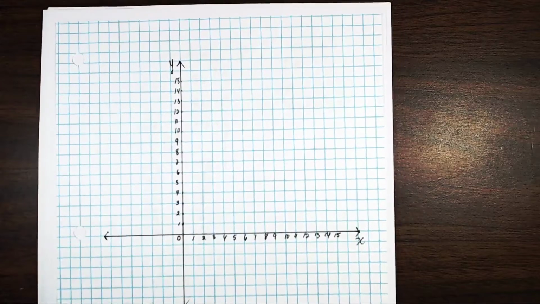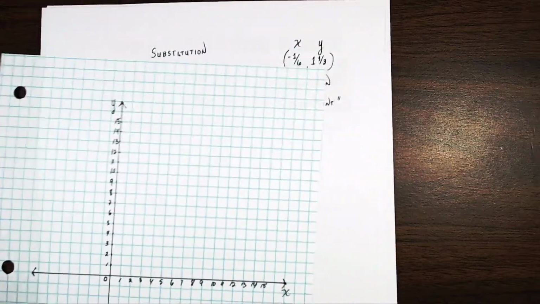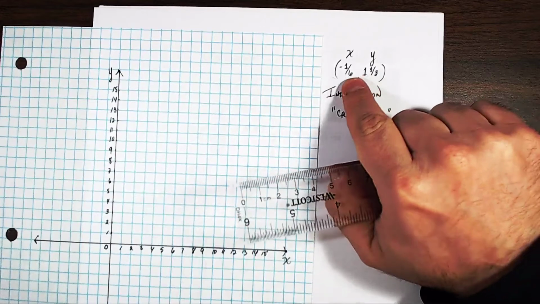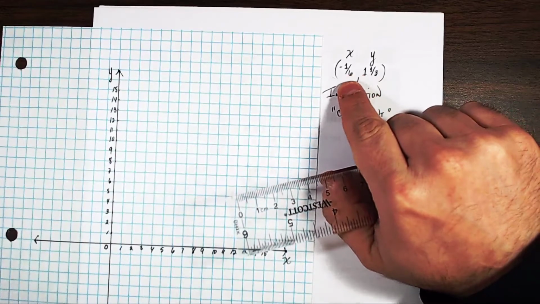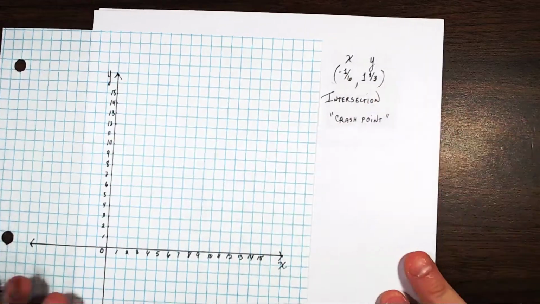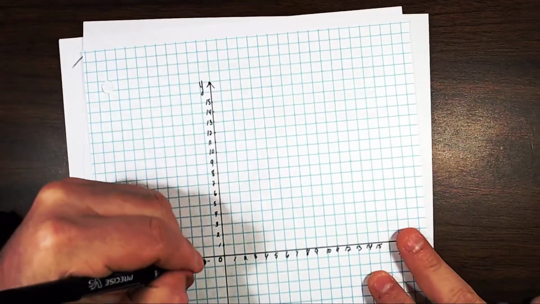Okay, so now we're in a place where we can start plotting points. Well, the point that we're hoping our two lines intersect at is at -1/6 on the x-axis, which would put us into the negative territory.